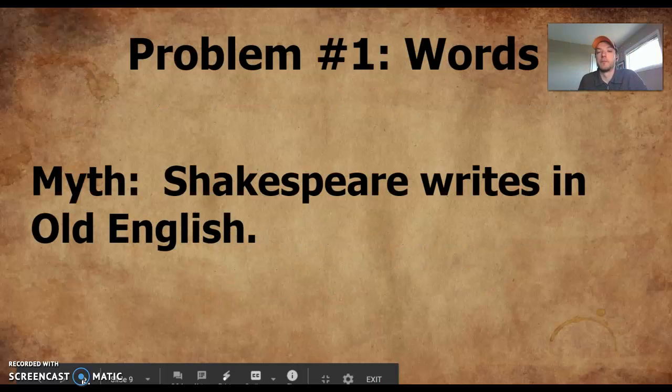A pet peeve, and this will be great because now anytime you talk with your fancy friends at your fancy parties, you'll be able to tell them that this is wrong. The number one problem of Shakespeare is the words, because people always say that Shakespeare writes in Old English, and this just isn't true.